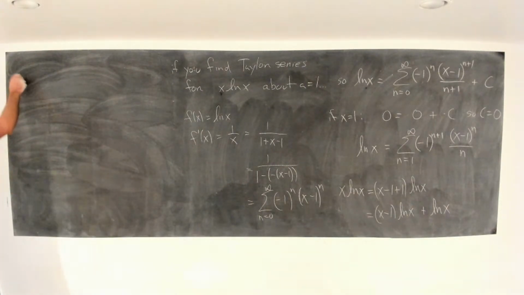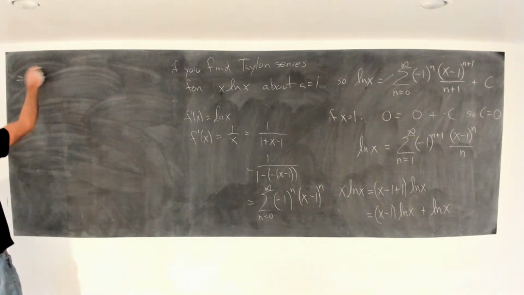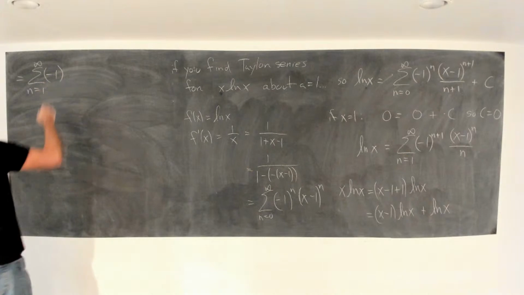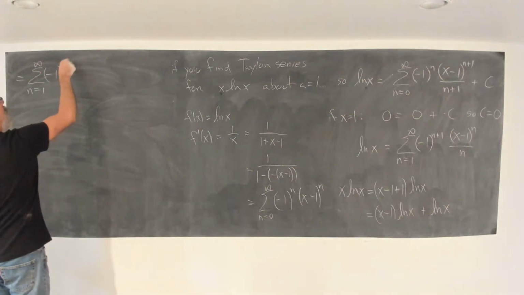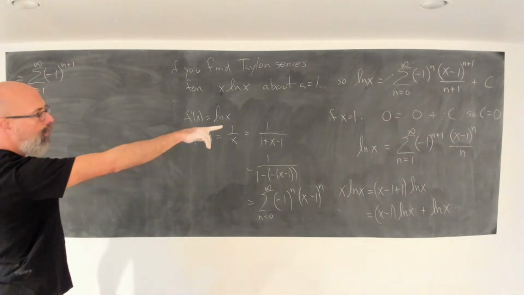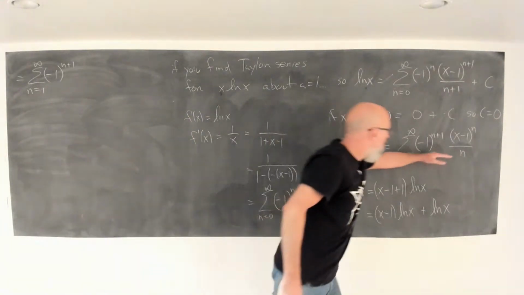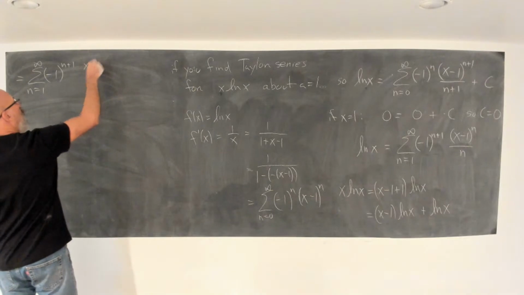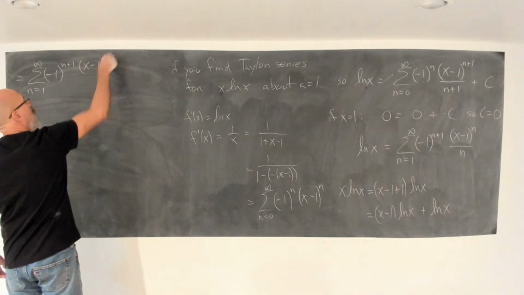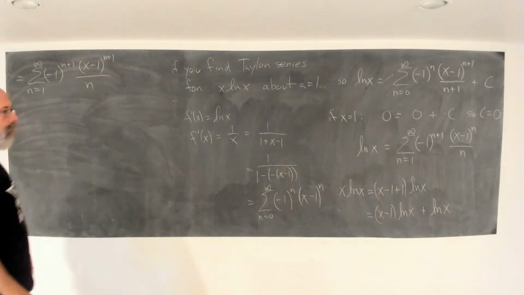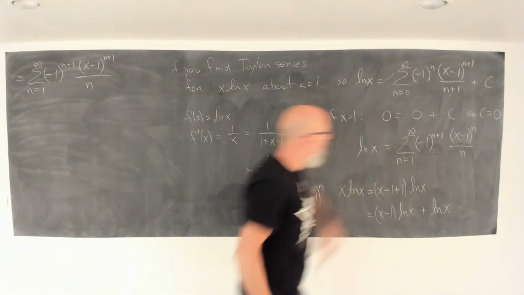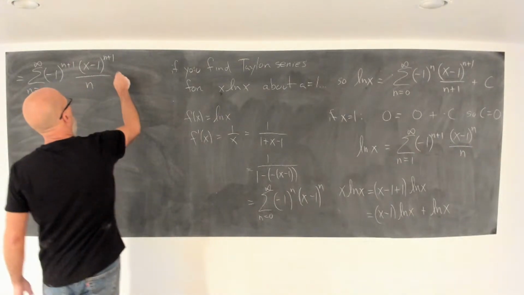And consequently, when you multiply this by x minus 1, you get an x minus 1 to the n plus 1, and then you have to add the original ln x.